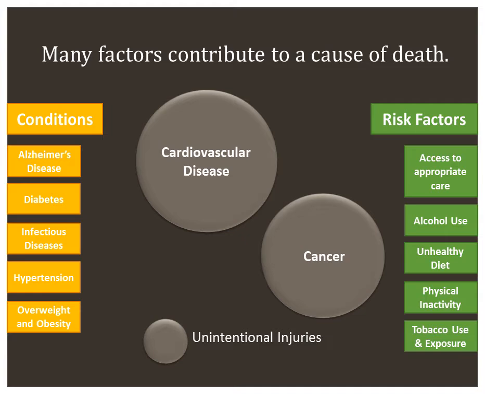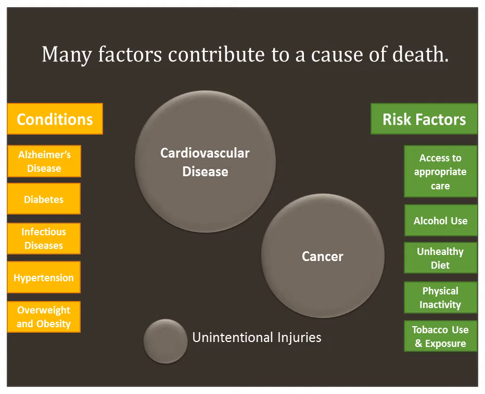This example showcases 5 health concerns and 5 risk factors and behaviors that are connected with the top 3 causes of death. Notice that this is just an example and not a complete list. The arrows show the connection between the health concerns and risk factors and the cause of death.